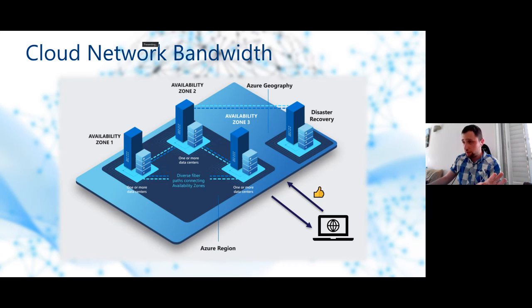You don't pay for that. Outside bandwidth costs money. Traffic between regions and also traffic between availability zones costs money. What doesn't cost money is traffic, as I said, from the internet, from outside into Azure, and traffic inside the same availability zone.